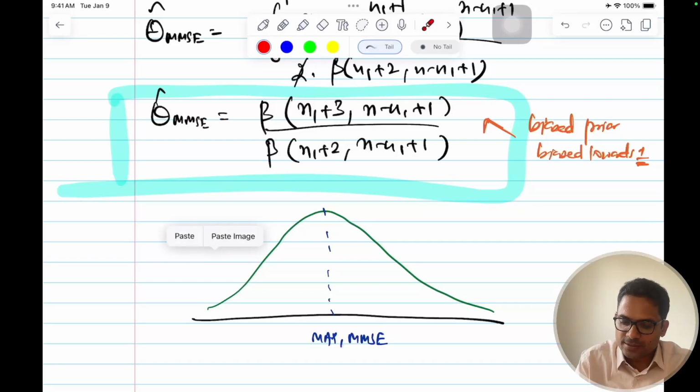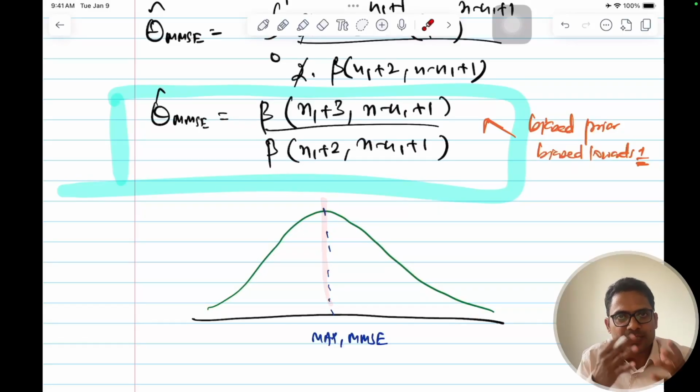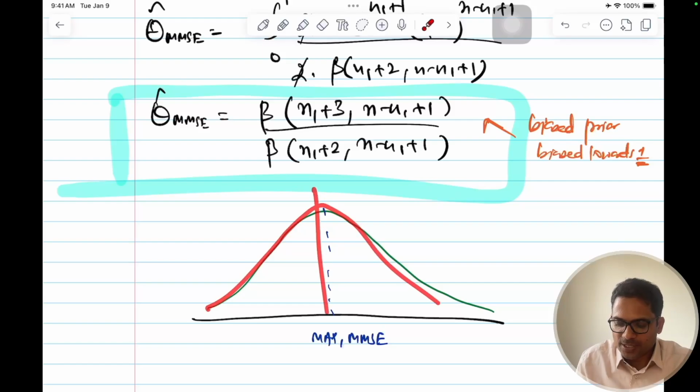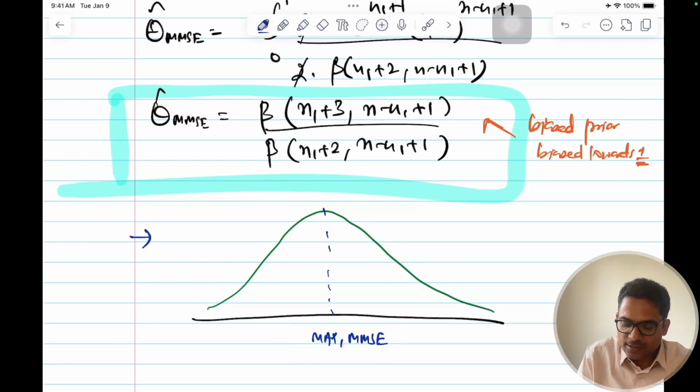Unimodal means there is only one mode, only one value has the highest frequency, that is around the mean. So your MAP and MMSE will be the same when this is symmetrical and unimodal.